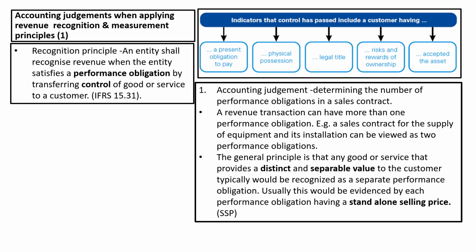The general principle is that any goods or services that provide a distinct and separable value to the customer would typically be recognized as a separate performance obligation. Usually, this would be evidenced by each performance obligation having a standalone selling price.